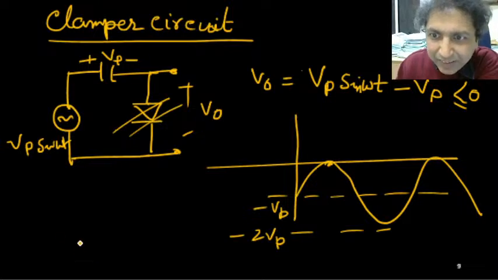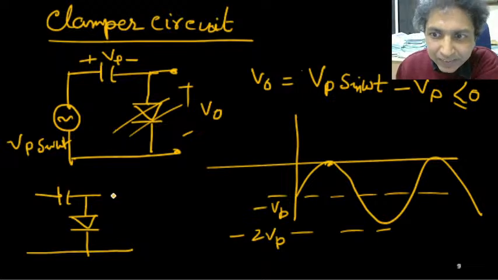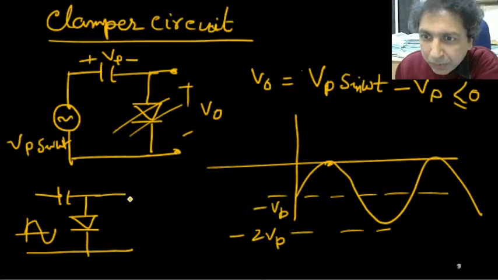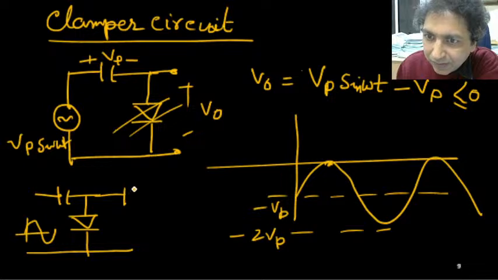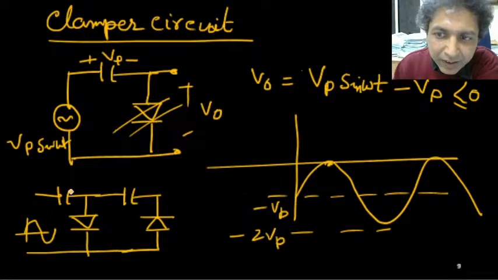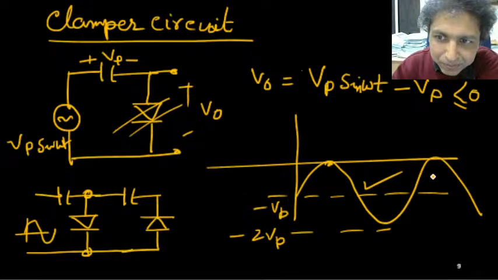Now the concept is that if I add one more capacitor and diode with this, okay, this is the input, but I have one more capacitor with the diode in the opposite direction. So you can understand that this potential I have already got.